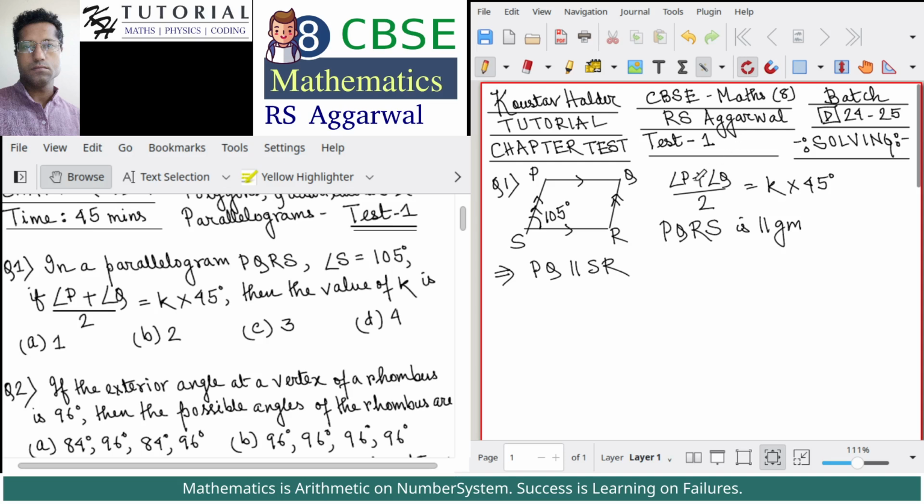Sorry, not PQ. We know that PQRS is a parallelogram, so we must have PS parallel to QR, and PQ is a transversal.